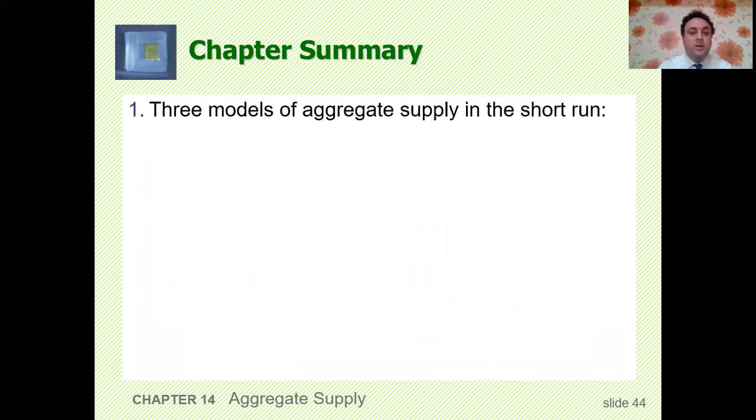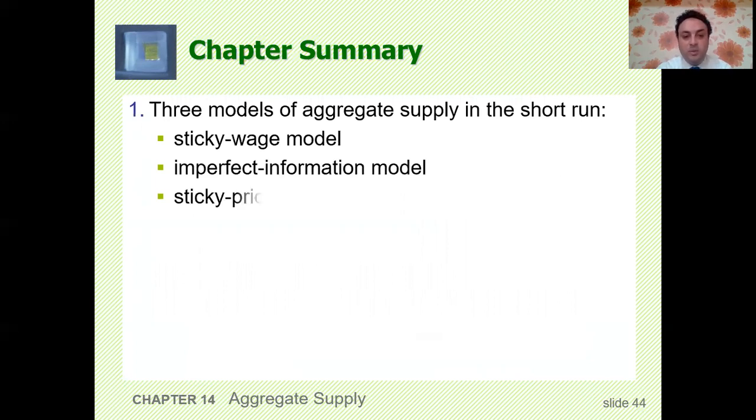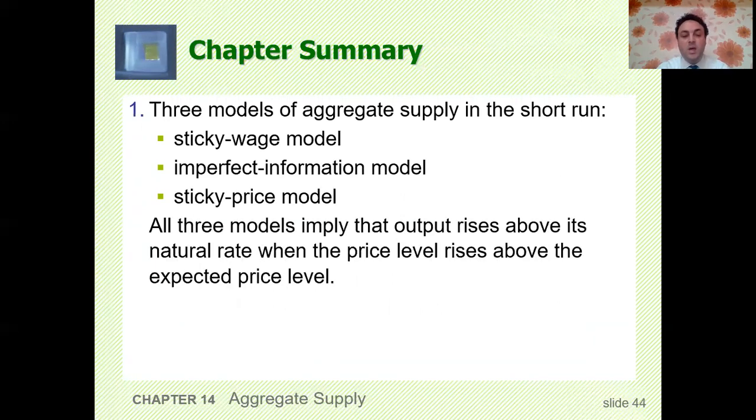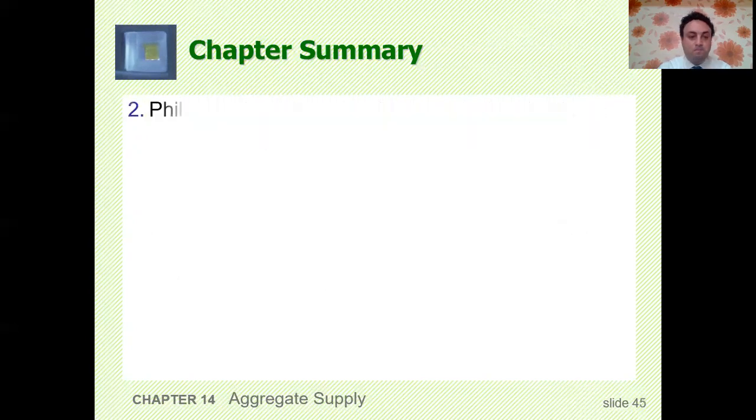Okay, so this was the aggregate supply in the short run. Let's take a summary of our lesson. We have three models of aggregate supply in the short run: the sticky wage model, the imperfect information model, and the sticky price model. And all these three models imply that output rises above its natural rate when the price level rises above the expected price level.